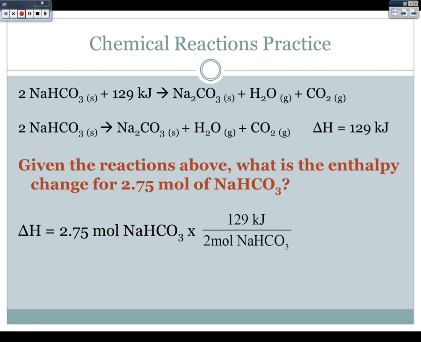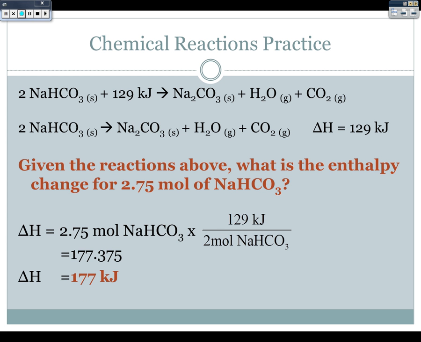We start with what we know. We have 2.75 moles of sodium hydrogen carbonate, and from our reaction, we know that for every 2 moles of sodium hydrogen carbonate, we need 129 kilojoules of energy. So 2.75 divided by 2 times 129 kilojoules gives us 177.375, or 177 kilojoules as the answer.